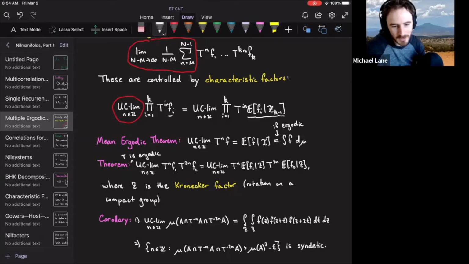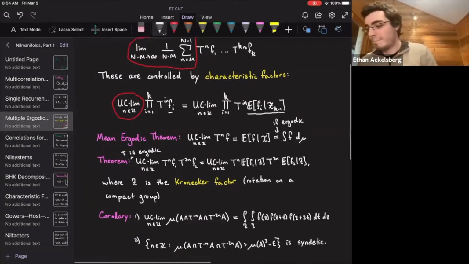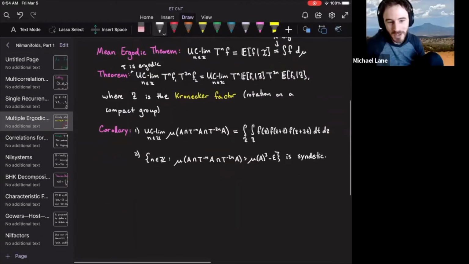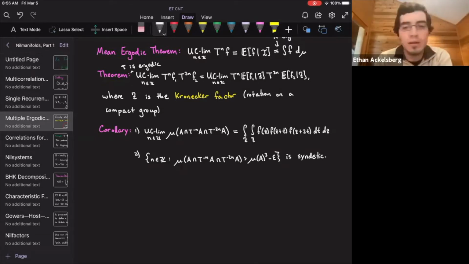So the Kronecker factor to me is kind of this mythical thing, I suppose, because I hear it referred to all the time, but I have not once read a description of it. So my main question is, what is the reference for the Kronecker factor? Where is it described fully in a book?